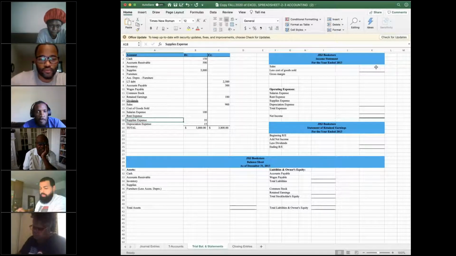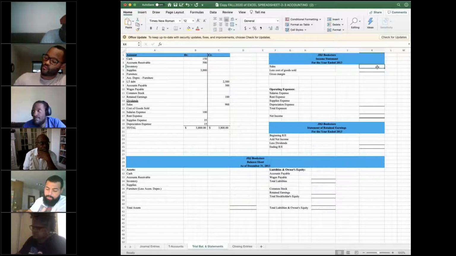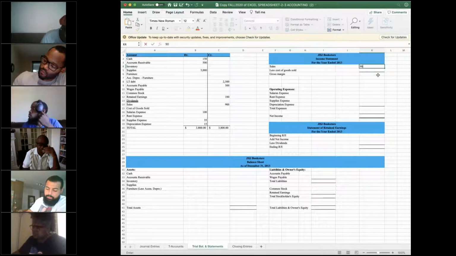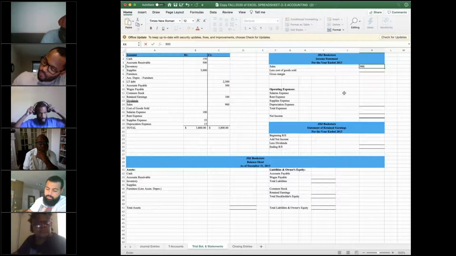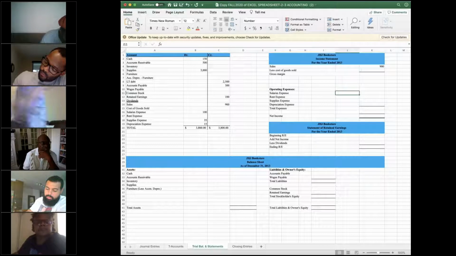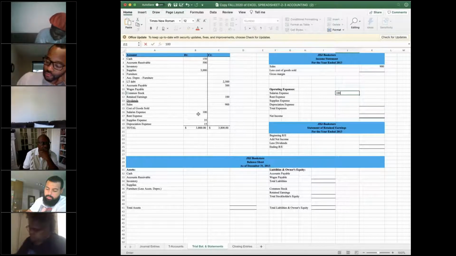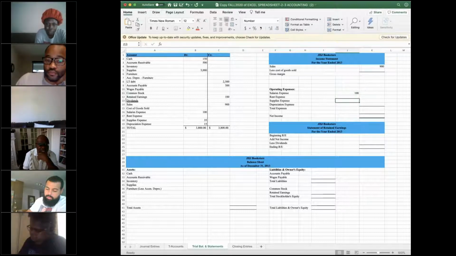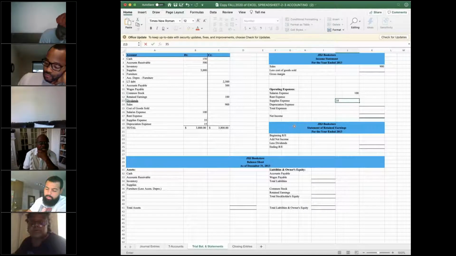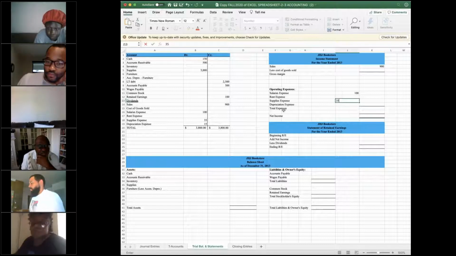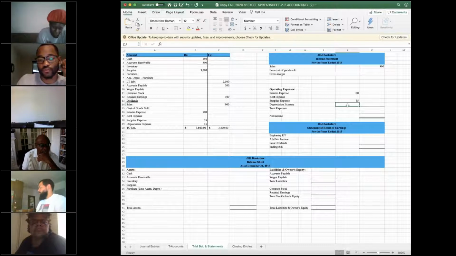So we take the sales and put that here, and that was how much? 900. Then the salaries were what? 100. I put that as operating expense, and supplies, 35, and depreciation was 15.